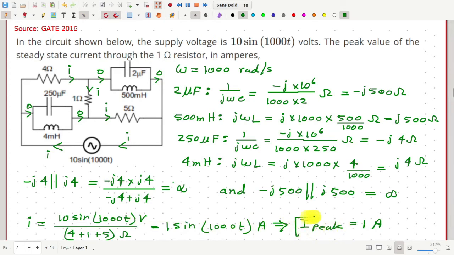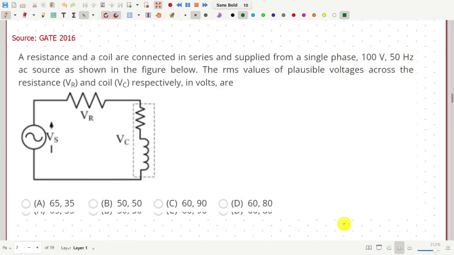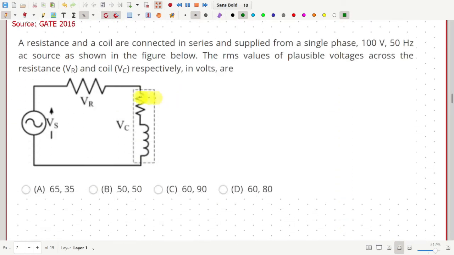Okay, so now let us move to the next question. A circuit is given where we have a source in series with a pure resistance in series with an inductive coil.